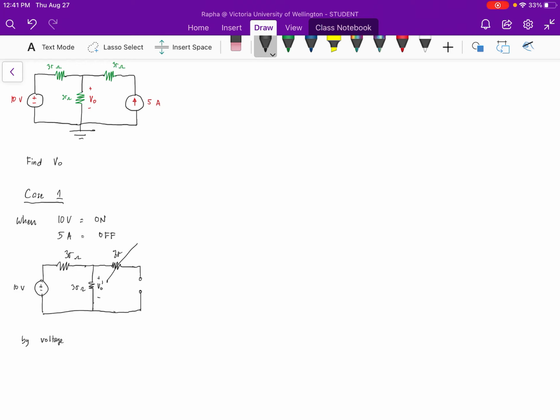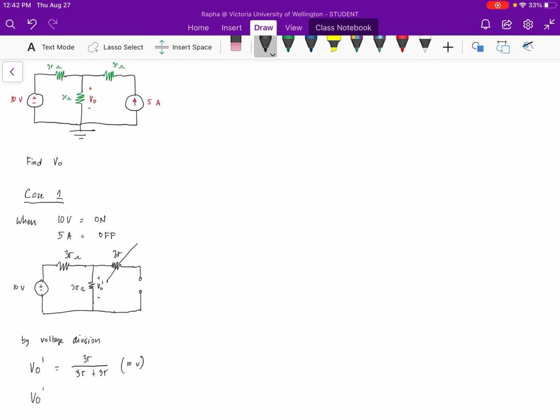VO single apostrophe, by voltage division. We have learned in the past that to execute voltage division, we multiply the concerned resistor, divided by the total resistance, multiplied by the voltage source, which is 10 volts.